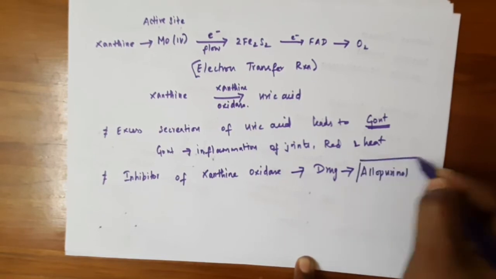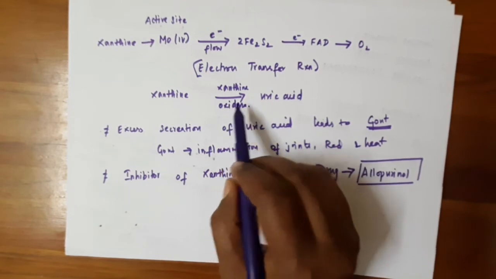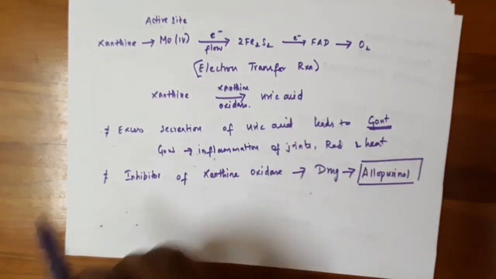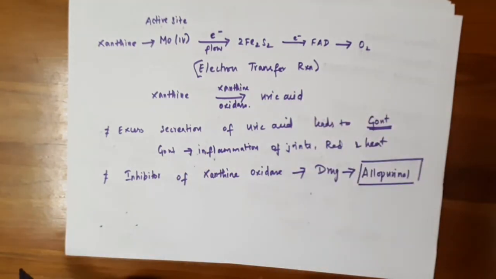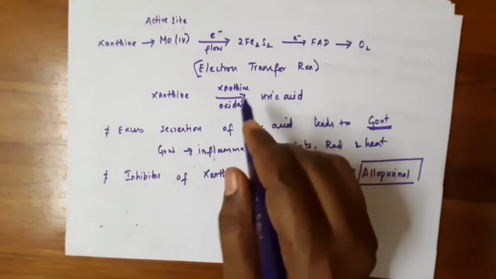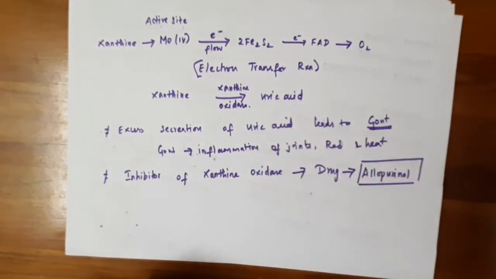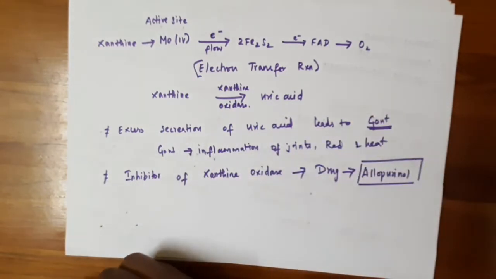This is the drug used to inhibit xanthine oxidase, which is producing more uric acid. The secretion of uric acid is diminished by allopurinol. So this is the inhibitor of xanthine oxidase when excess uric acid is produced.